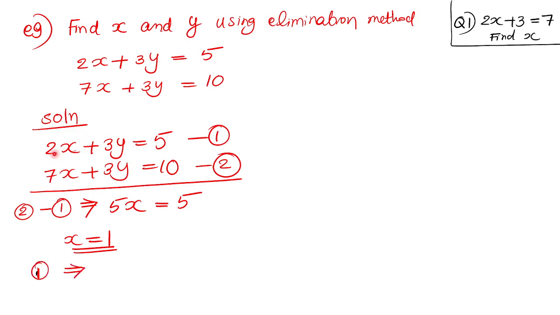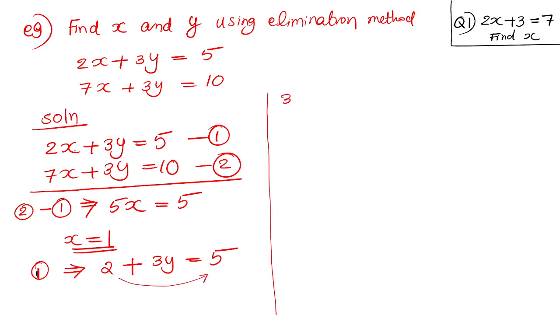So this will be 2 into 1, which is 2, plus 3y equal to 5. 2 goes to the other side. 3y equal to 5 minus 2, so 3y equal to 3. 3 goes to the other side. Y equal to 1. So the value of x equal to 1 and y equal to 1.